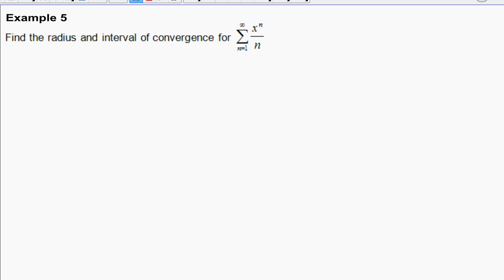Example 5. Find the radius and the interval of convergence. Same drill, so use ratio test.